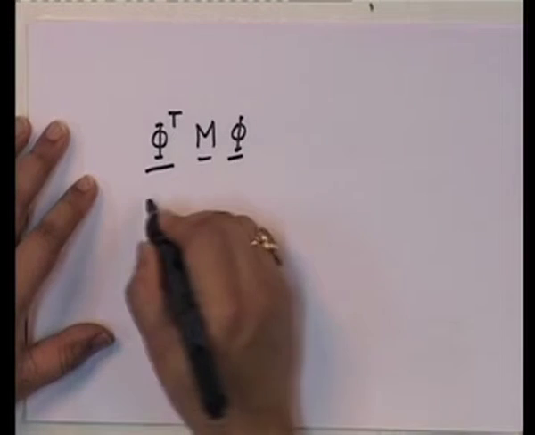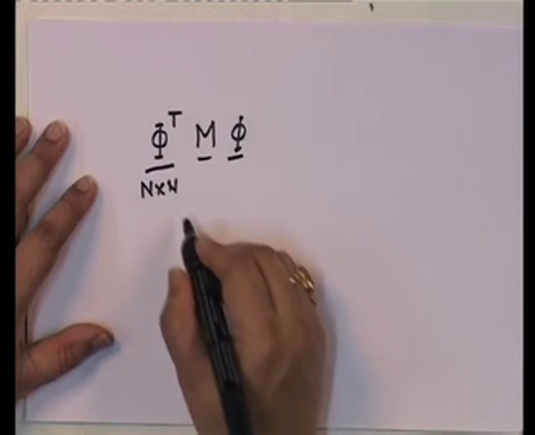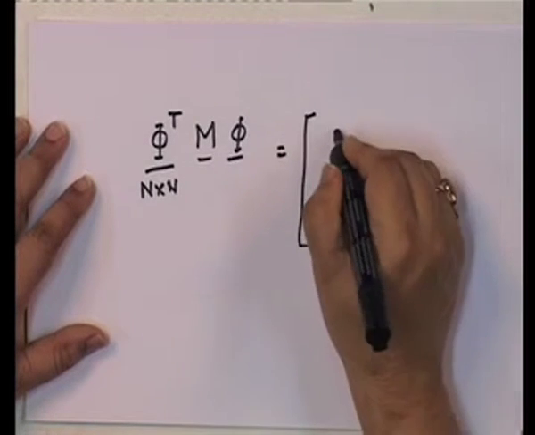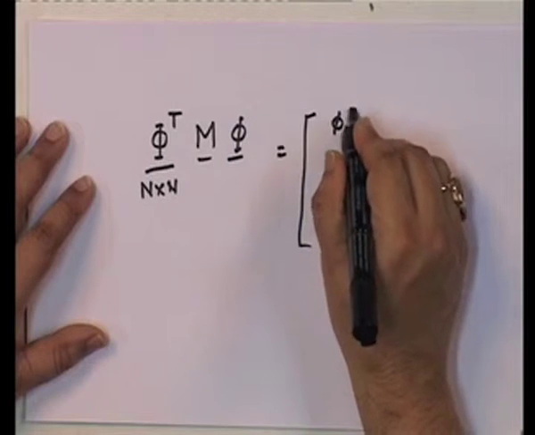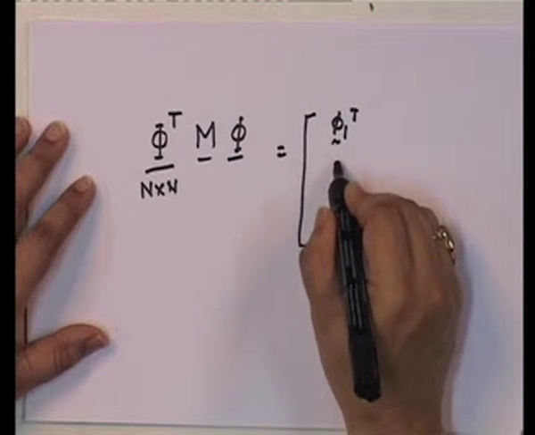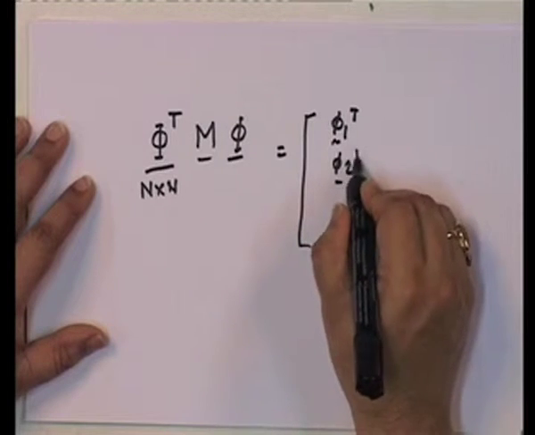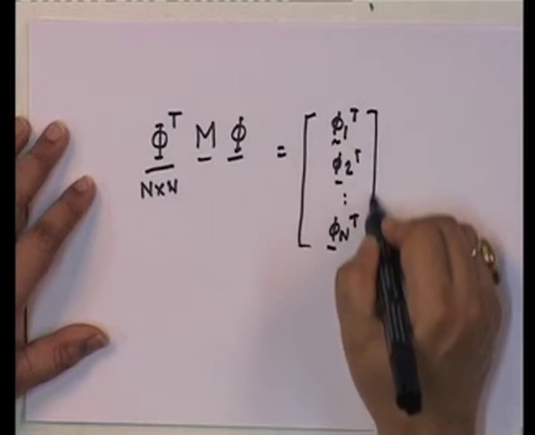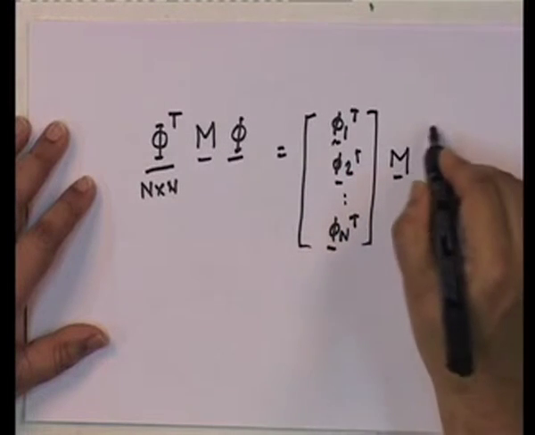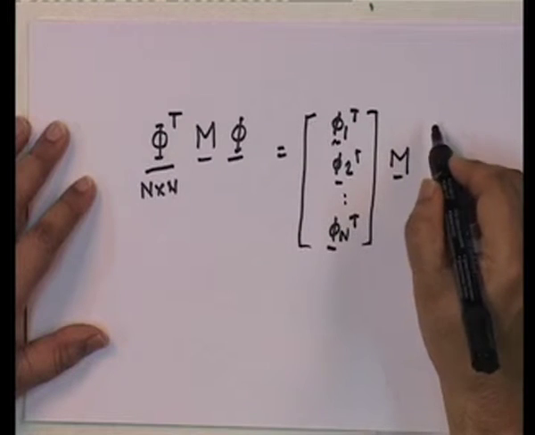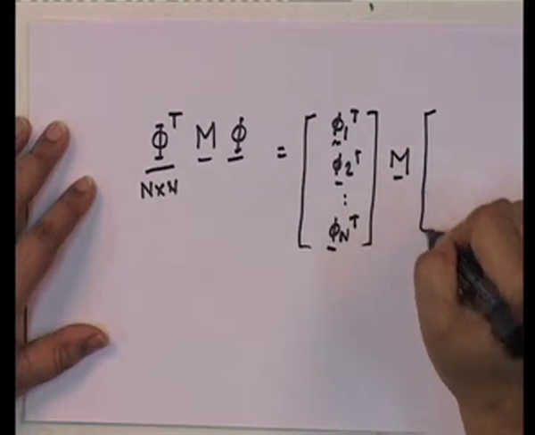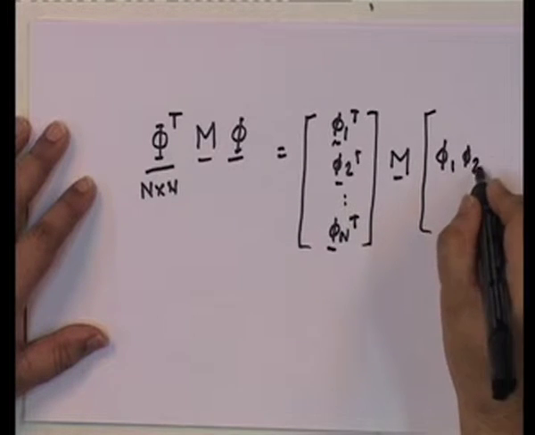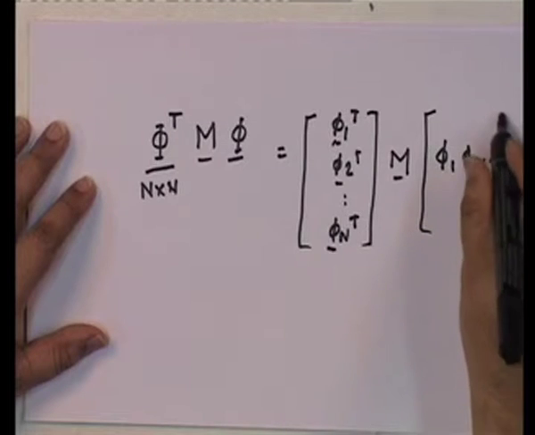Now, this is an n by n, which is nothing but phi 1 transpose, phi 2 transpose, and so on up to phi n transpose, into m, into phi 1, phi 2, and so on till phi n.